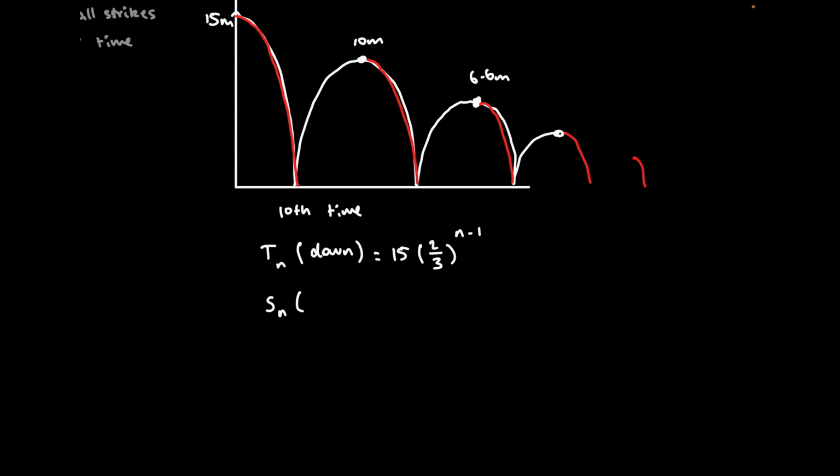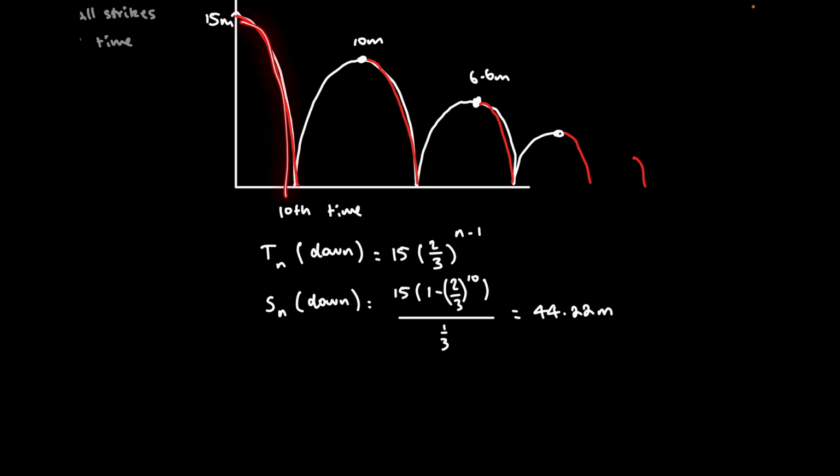That's simply going to equal 15 times 1 minus 2/3 to the power of 10, all over 1/3, because we're doing 1 minus 2/3. And when we do this, we get 44.22 meters.